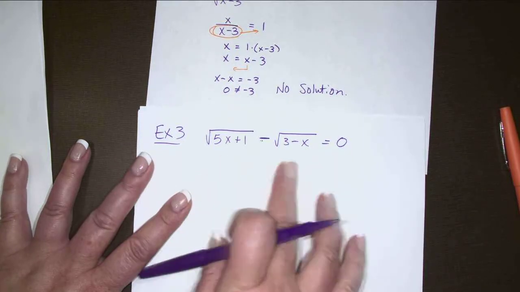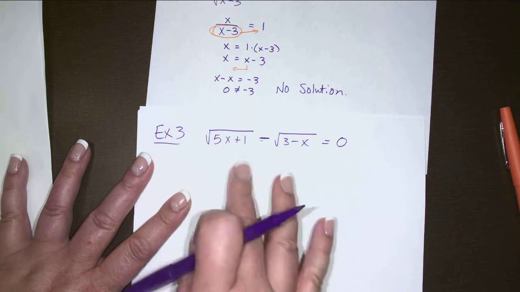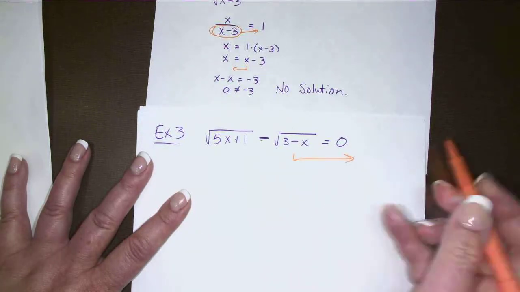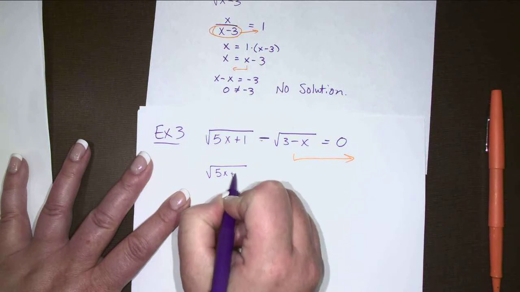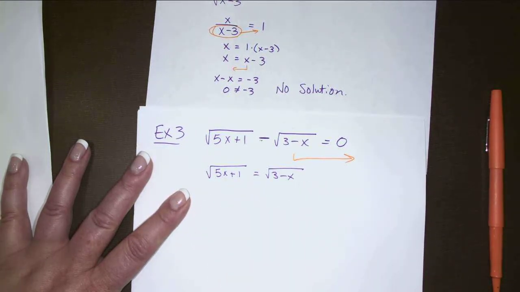So what would we do here? We've got 2. And before you square one side, you have to isolate at least one of the radicals. So we would move this one over to the other side before we start. And we would have root of 5x plus 1 is equal to root 3 minus x. And then the same way, square both sides and solve.